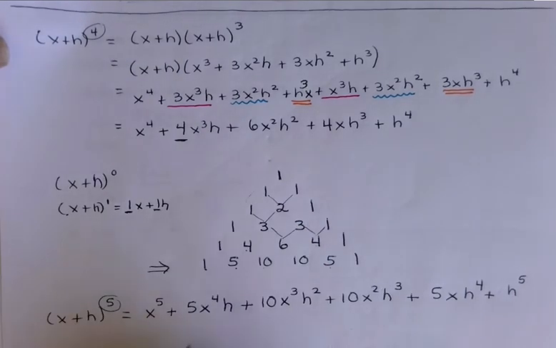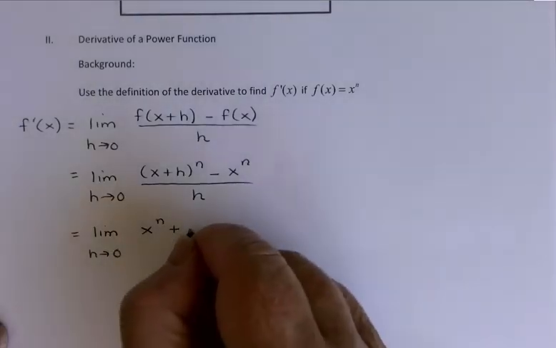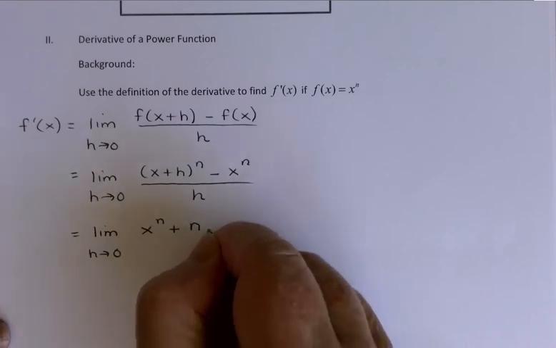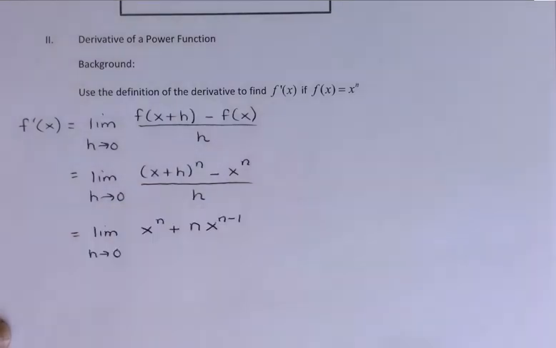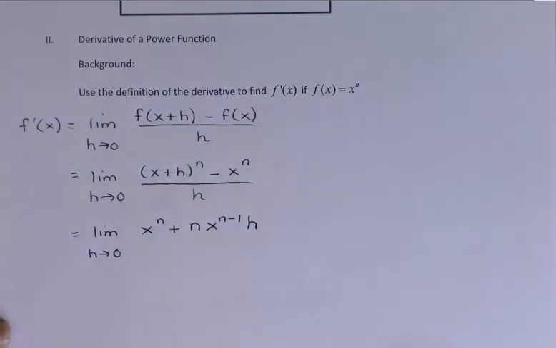When I did the 5th power, this coefficient was 5, and so on. So when I've got an nth power, I have n as my next coefficient. I have to reduce the power on the x, so that's going to be now the n minus 1st power, and increase the power on the h, so I now have an h to the 1st.